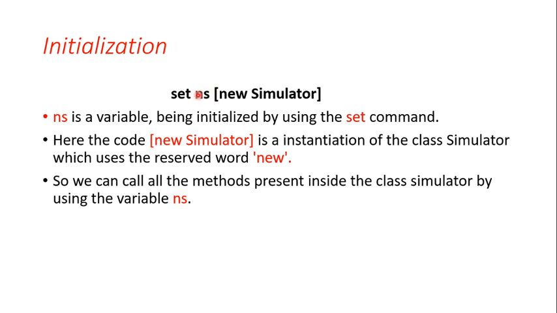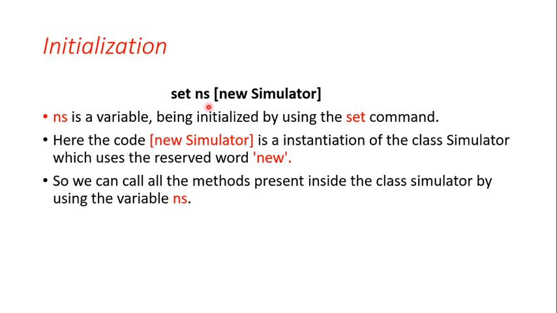This ns is a pointer variable that is to hold the simulator, which is initialized by the keyword new. So set is a command, new is also a command, ns is a pointer variable, and Simulator is the class which is inbuilt and available in NS2. This is the class file.